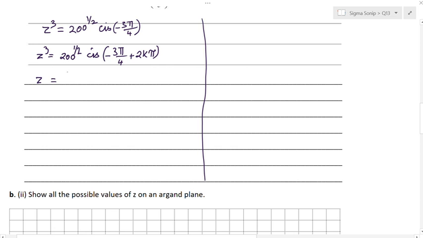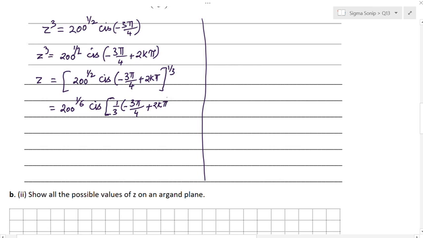So that gives you Z is equal to 200 to the power 1 over 2 whole to the power 1 over 3, that gives us 200 to the power 1 over 6. And cis, what we're doing is we have used de Moivre's theorem, with 2k pi.